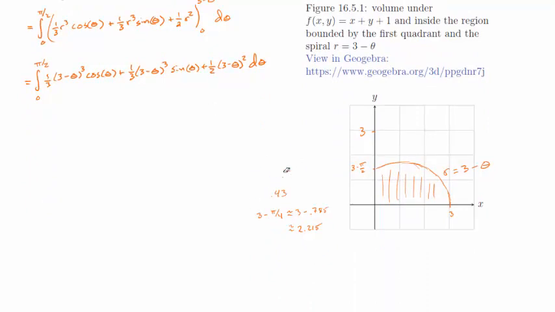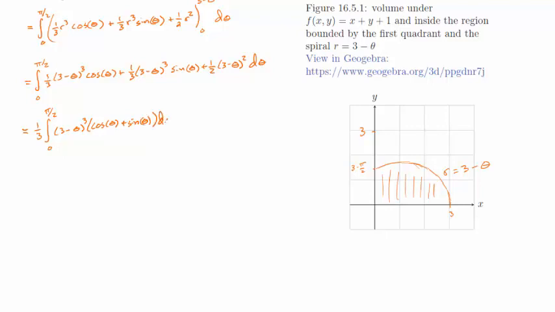Let's break this up in the following manner. Let's take out a 1/3 integral from 0 to pi over 2 of 3 minus theta cubed times cosine of theta plus sine of theta d theta.